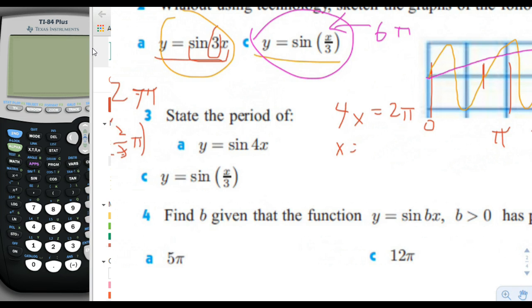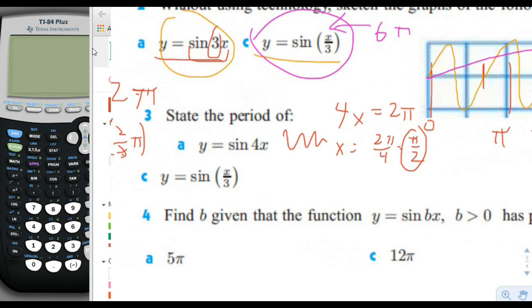You can see that it's going to be 2 pi divided by 4, which is pi over 2. So it's going to be 4 times smaller than a regular sine wave. It goes up and down much faster. So it's pi over 2.